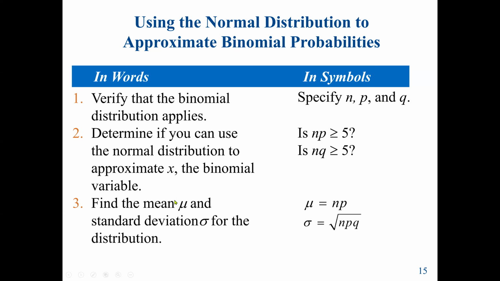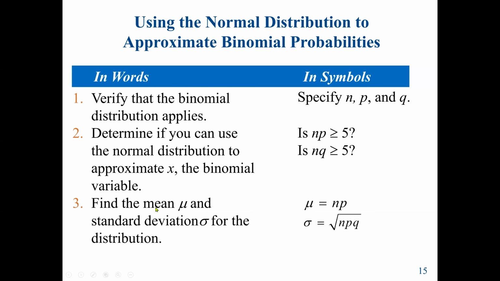Remember, why do we find the mean and standard deviation? Because in the normal distribution, there are two main parameters: the mean, which is always in the center of the normal distribution, and then the standard deviation. If I'm finding the probability of some random variable using the normal distribution, I need to find a z-score.